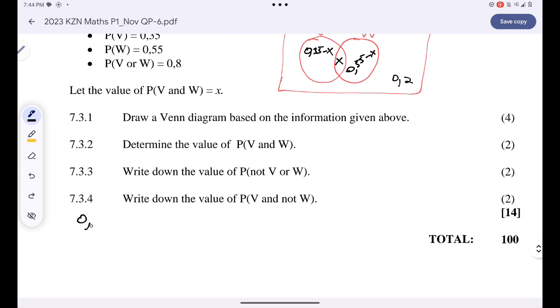I know that 0.35 minus x plus 0.55 minus x plus 0.2 must give me 1, because the sum of all probabilities under a sample space must always be 1. So I have 0.35 plus 0.55 plus 0.2.